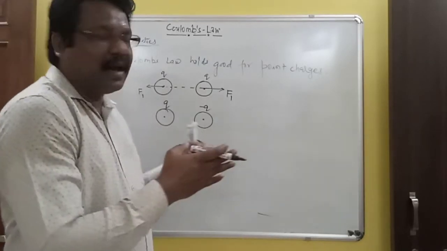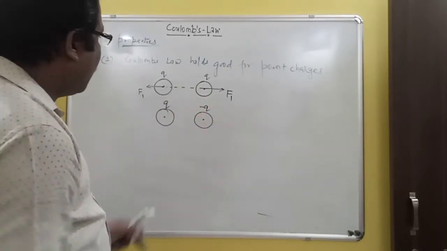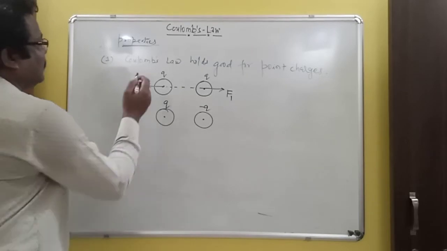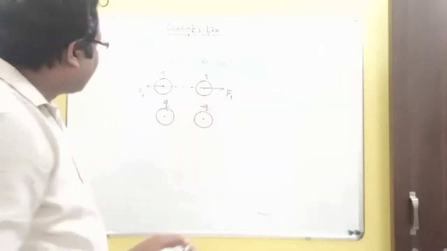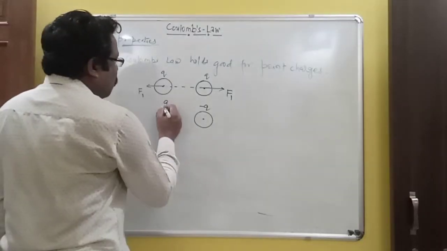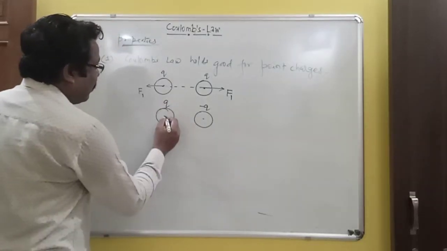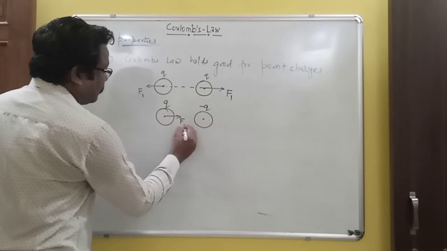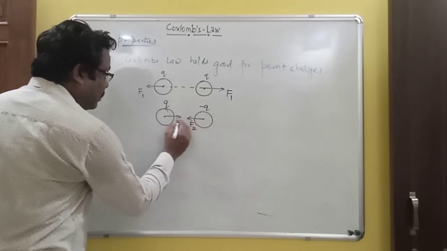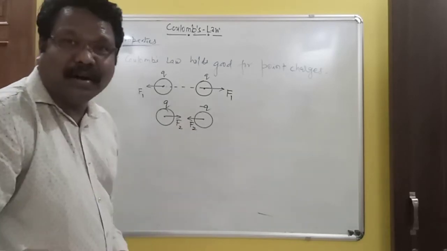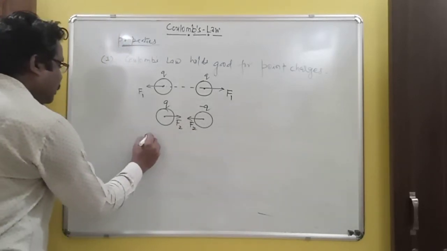So they are repelling one another with force F1. Now after that, these same identical metallic spheres are given Q and minus Q charges. Now they will attract one another. Now the question is, what do you say about these two forces?